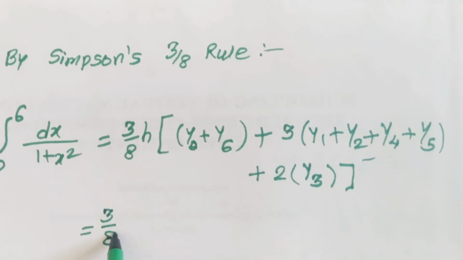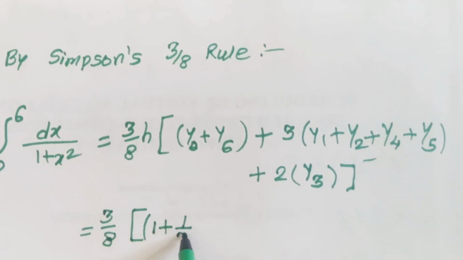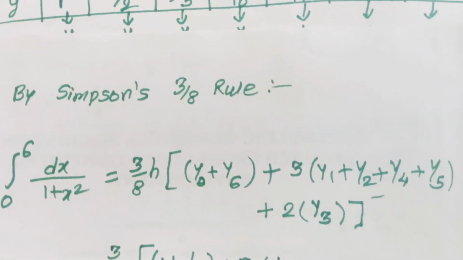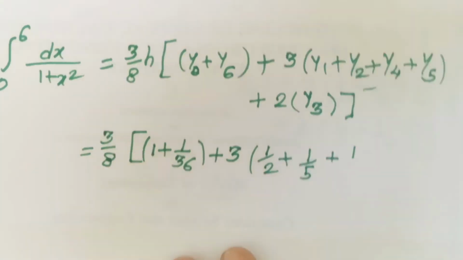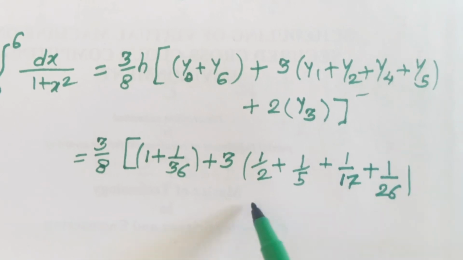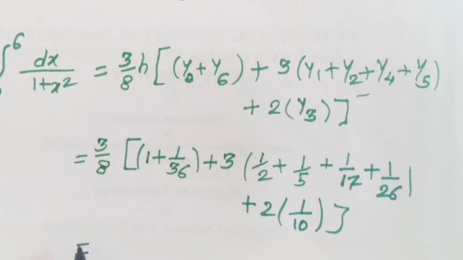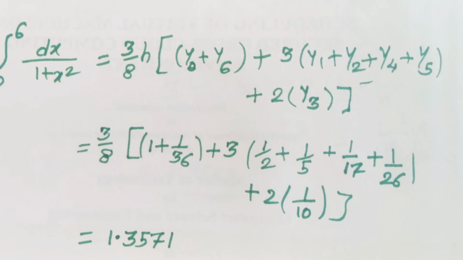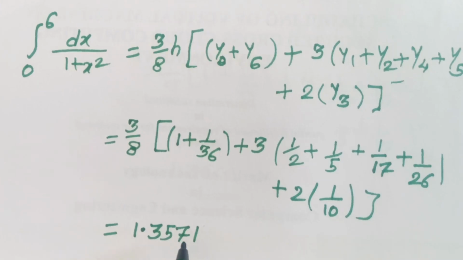So in this question, the value of h is 1, 3 by 8 into 1 plus y0 is 1 plus y6 is 1 by 36 plus 3... and we get 1.3571, the answer of Simpson's 3 by 8 rule.